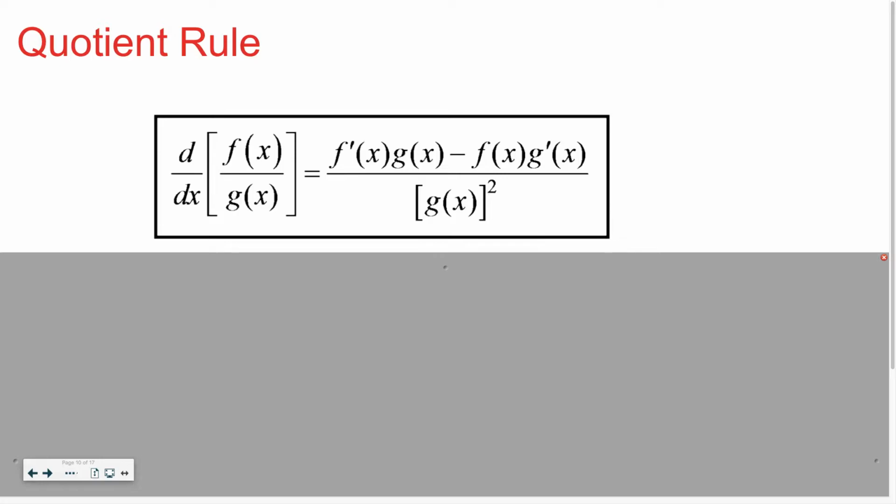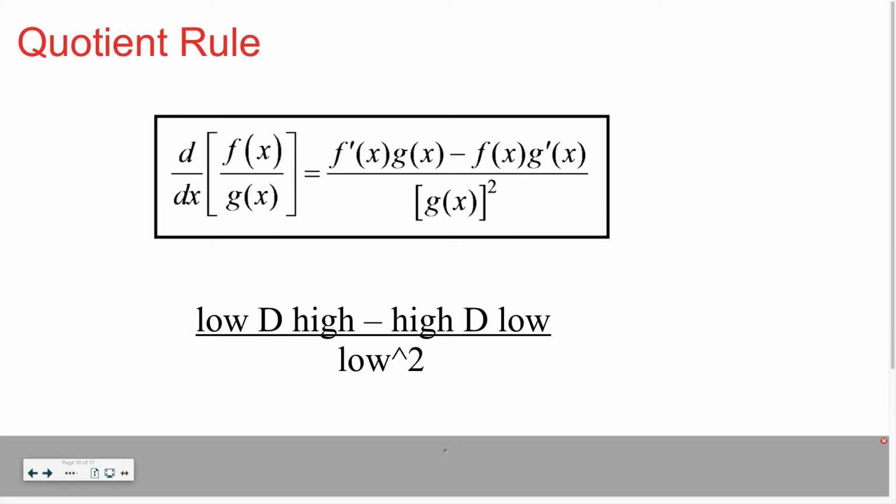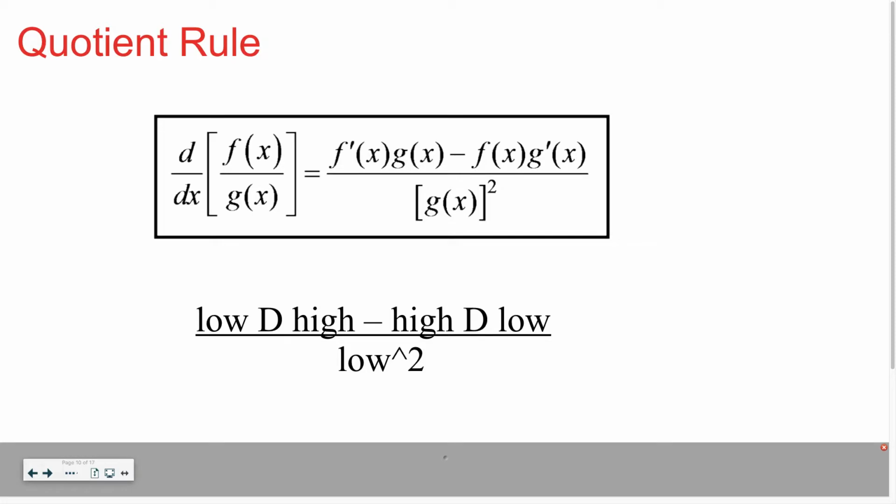Okay, now, when I was in high school, a long time ago, the way I remembered the quotient rule was by the same. You don't have to use it, but I know that there's a lot of stuff up there, so if it helps you, go for it. Low d high minus high d low, all over low squared.